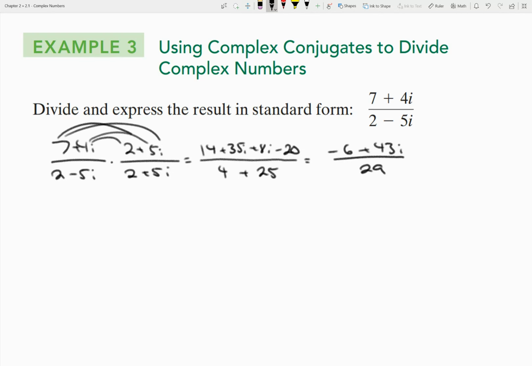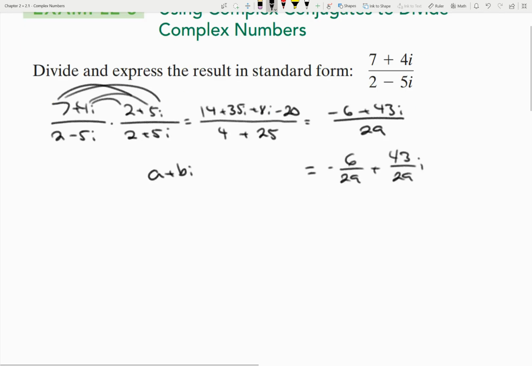Now, that is my expression. It can't be simplified, but we should express my answer in standard form, which is a plus bi separated. So we're just going to separate these fractions. So that's negative 6 over 29 plus 43 over 29i.